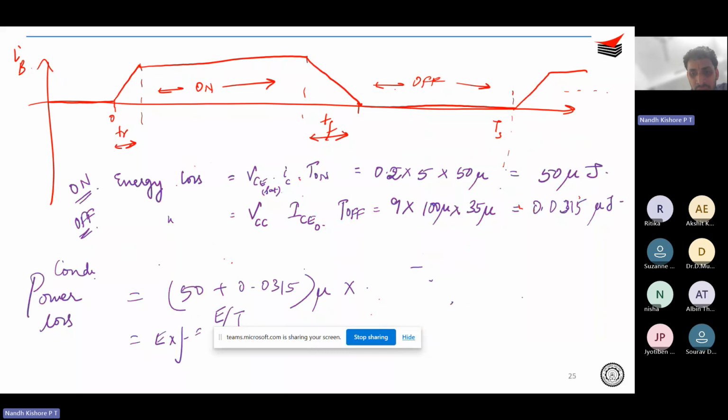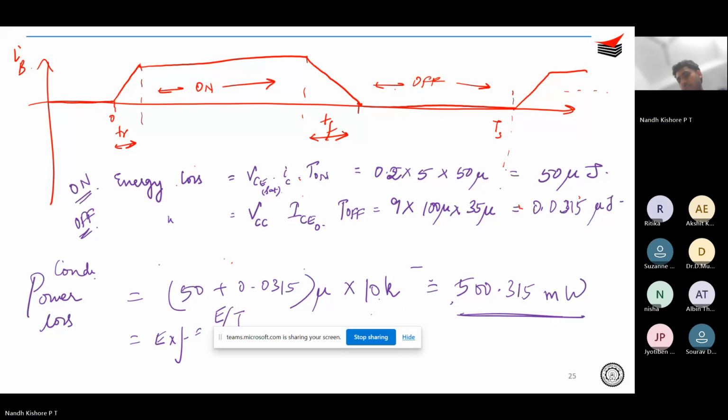Frequency is 10 kilohertz. How much is it? 50.0315 micro into 10K. It's going to be 500.315 milliwatt. So this is your conduction loss component.